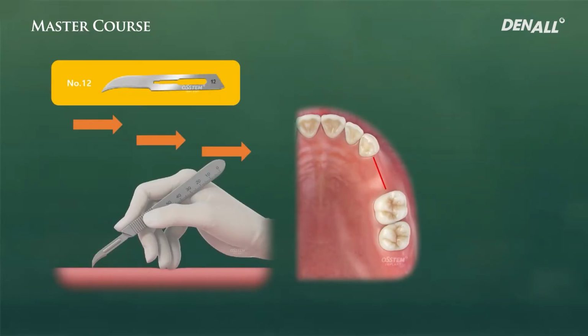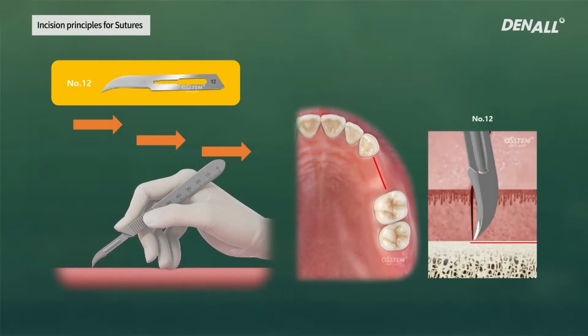The same goes for number 12. Inside the working end, the blade exists inside, so you need to pull it toward you. As I said before, when you use number 15, the incision cannot be completed, so number 12 is used to finish, to wrap up the incision, and then the complete incision can be achieved.